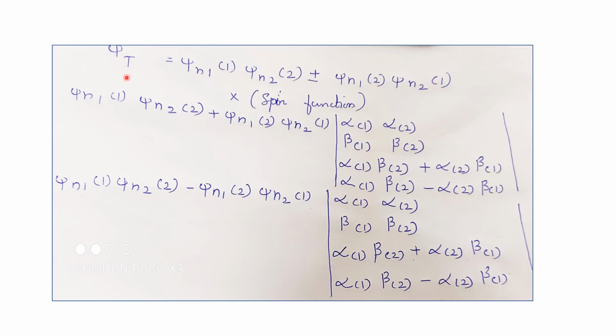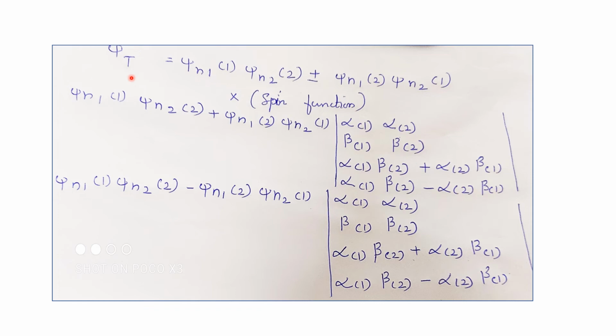The linear combination of wave functions arises due to the indistinguishability of the electrons. That is, alpha 1 beta 2 plus alpha 2 beta 1 is the symmetric spin function, and alpha 1 beta 2 minus alpha 2 beta 1 is the anti-symmetric spin function.